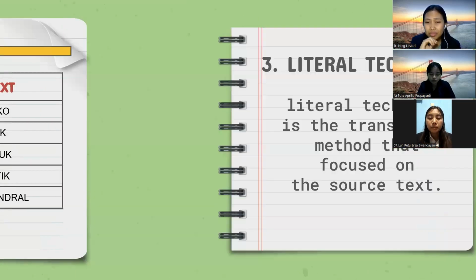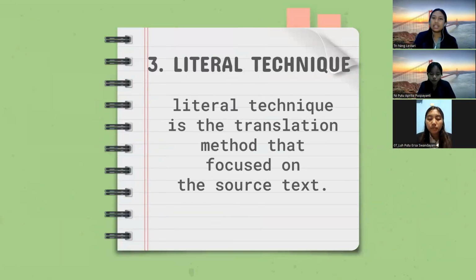And then number three is the literal technique. The literal technique is the translation method that focuses on short text. Literal technique is also known as literal translation technique. Literal means that the translation carried out using the literal technique will only translate words, but in terms of meaning, the message might not be conveyed.